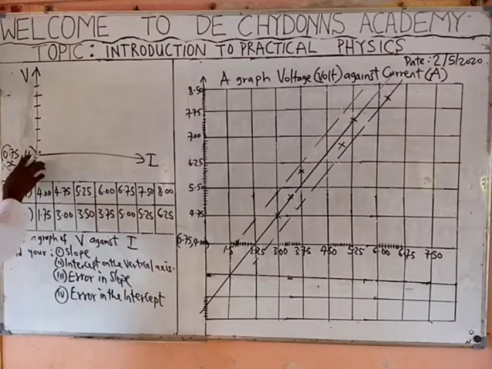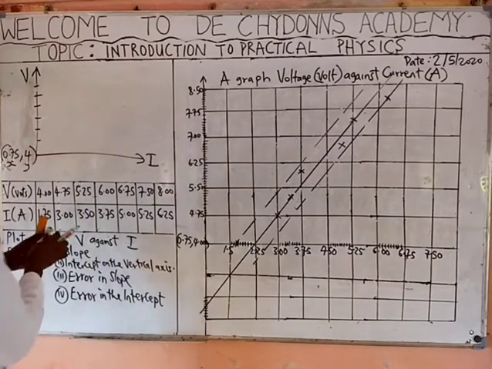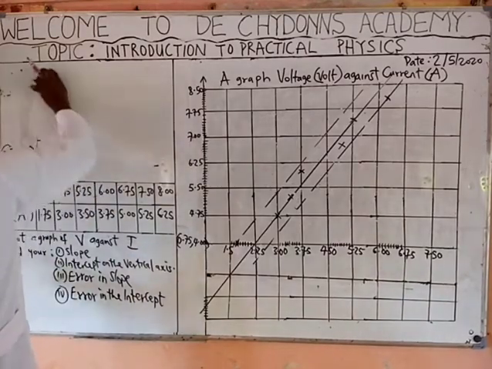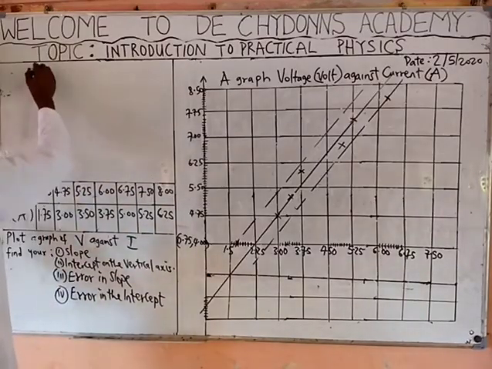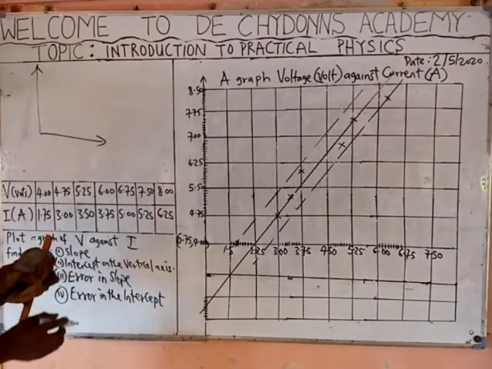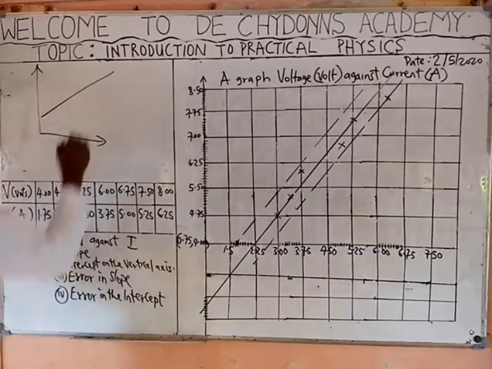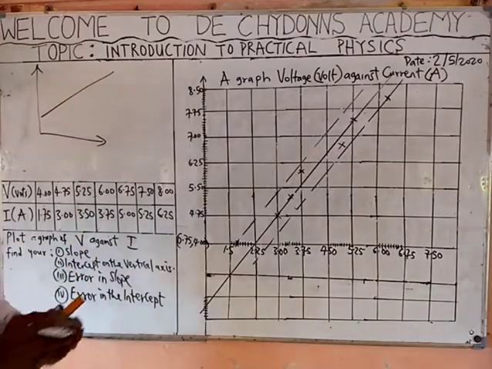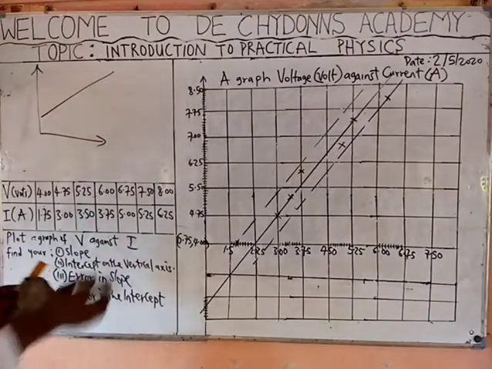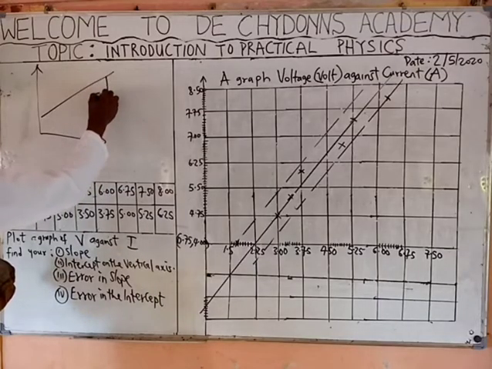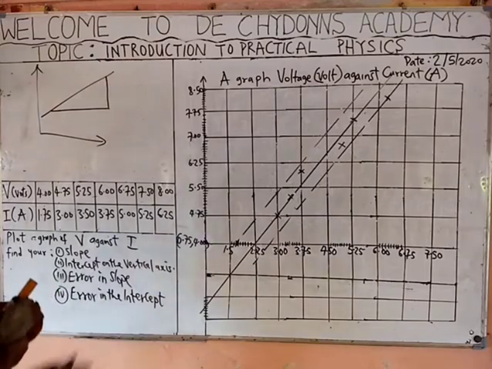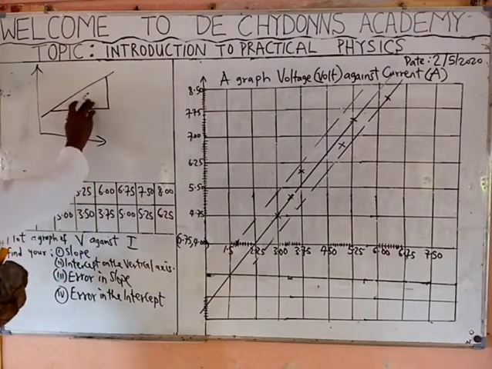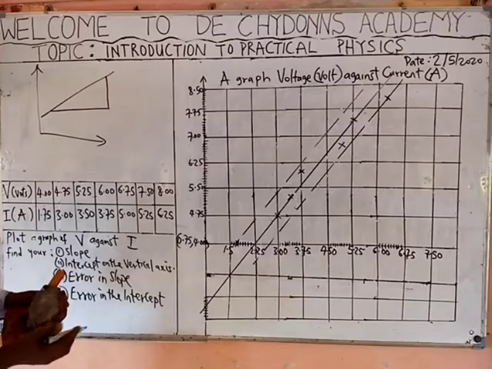Now, after plotting your graph, it is very, very important that you know how to find your slope. A lot of students do not know how to find the slope of a graph. Take for instance, the graph is a positive graph. It moves this way. For your slope, you must put your triangle, and when you put your triangle, ensure that the triangle covers at least 1/3 of your graph.